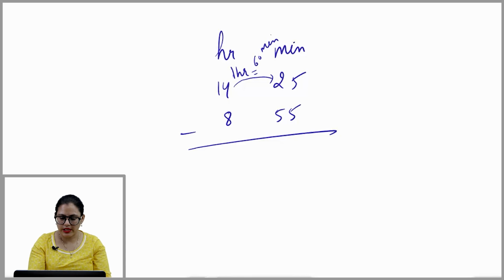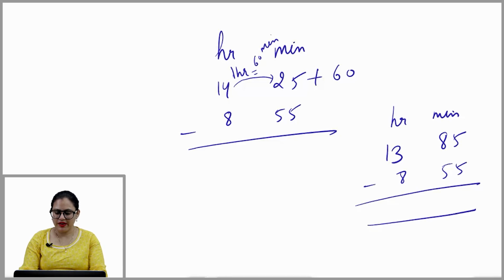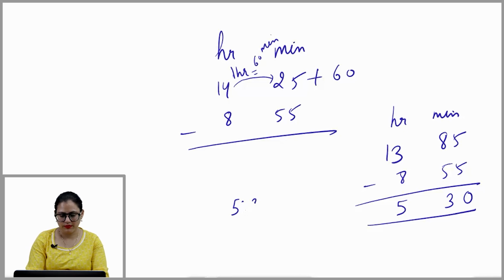So, we will add 60 minutes here. Now, 25 plus 60, 85. Here, 13 hours, because 1 hour has been borrowed. Now subtract. 5 minus 5 is 0, 8 minus 5 is 3, and 13 minus 8 is 5. So 5 hours 30 minutes.